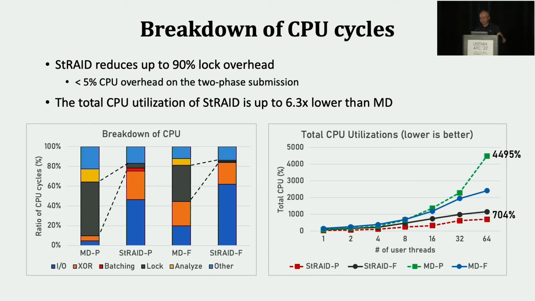For example, MD with 4,495% CPU core utilization consumes only 2.1 gigabytes per second of the SSD bandwidth, in contrast to StRAID that consumes 6 gigabytes per second of the SSD bandwidth with only 704% CPU core utilization.